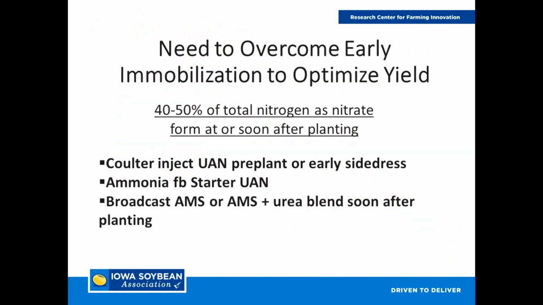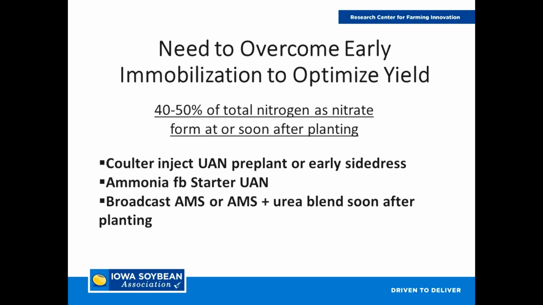Some cover crop specialists will tell us that you really need 40 to 50% of your total nitrogen as nitrate form at or soon after planting. We're still testing that. That seems extreme, but certainly what we do need is nitrate to overcome that immobilization that the rye causes in the early yield formation stages. You can do this by culture injecting UAN pre-plant or early side dress, and by early side dress I mean V3 stage.